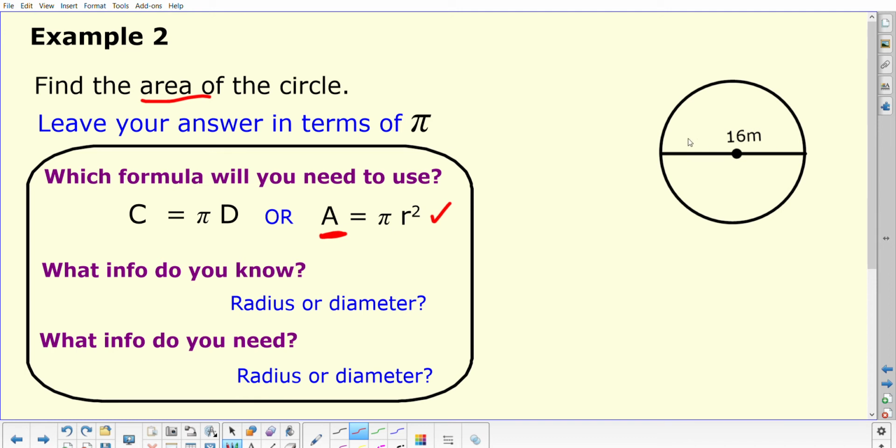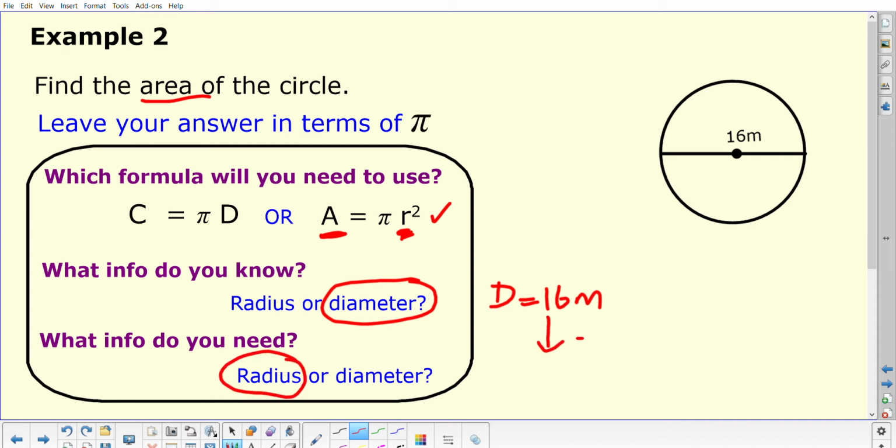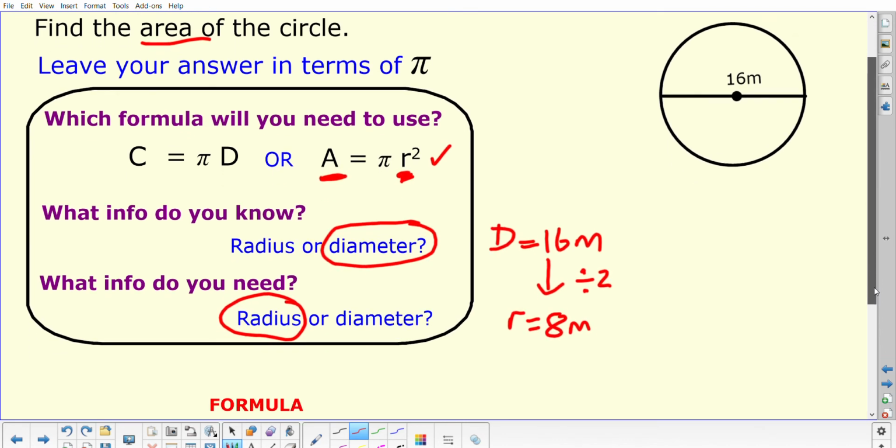If you're looking at that circle, you can clearly see that you've been given the diameter. You know that the diameter is equal to 16 metres, but if you're going to be using area equals pi r squared, we need the radius. So how do we get the radius? Remember, that's where we're going to halve the diameter, so we get the radius equal to 8 metres.